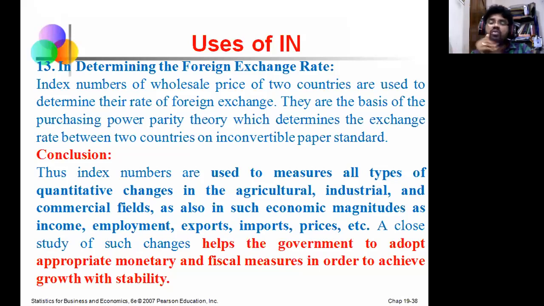For example, if you want to import a mobile, how much is the price of the mobile in the foreign nation when we are importing? When you are importing, how much do we need to pay per dollar? For example, in a foreign country, if the mobile is $10, how much do we need to pay? For example, 700. Okay, so $1 is equal to 70 rupees.